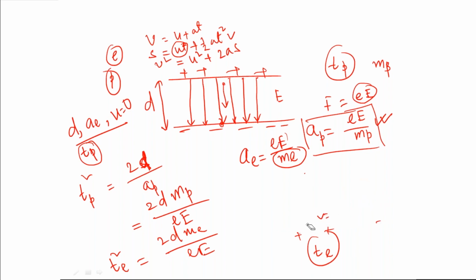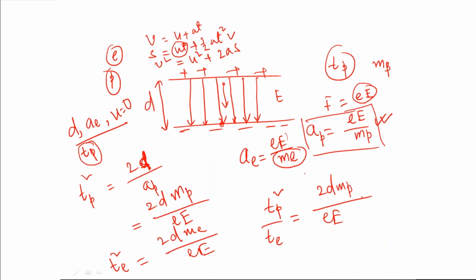If I take the ratio tp square by te square, what I get? tp square means 2d mp by eE, and here it will be 2d me by eE. So eE goes off, 2d goes off, so mp by me. So tp by te will be root over mp by me. Do you understand this or not? Yes, sir.